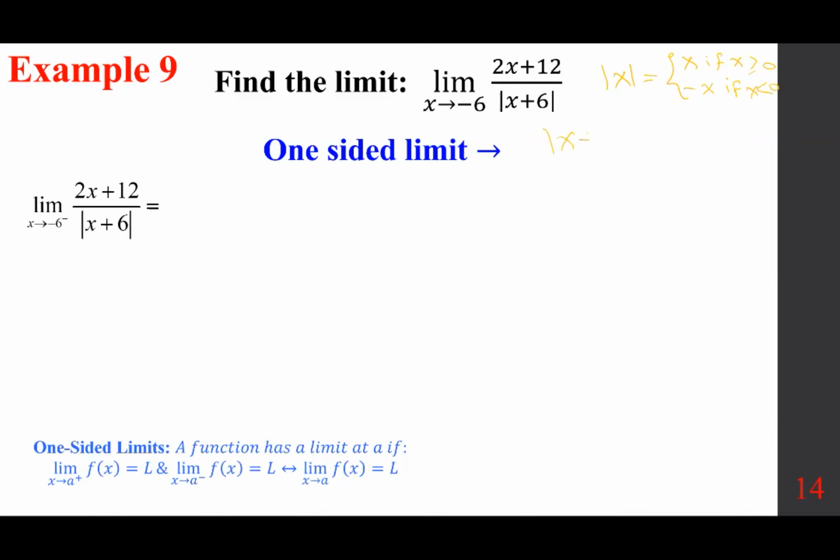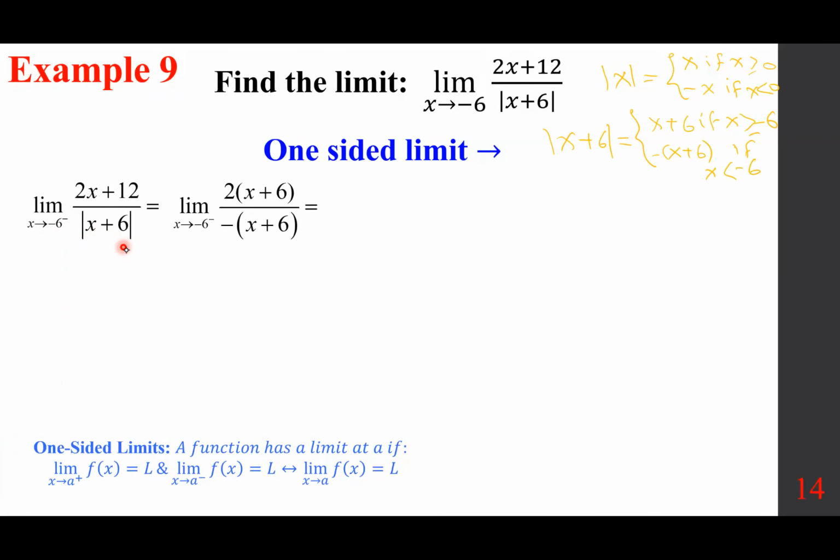So absolute value of x plus 6 becomes x plus 6 if x is larger than or equal to -6, and it's the negative of that if x is less than -6. So since this is the case here, this absolute value drops and it becomes negative times x plus 6.